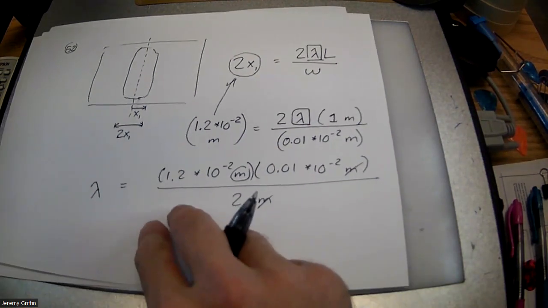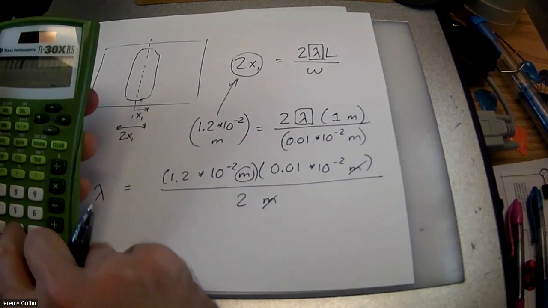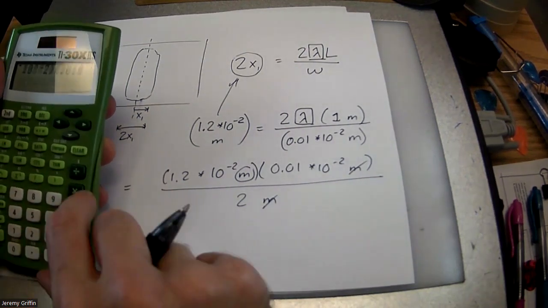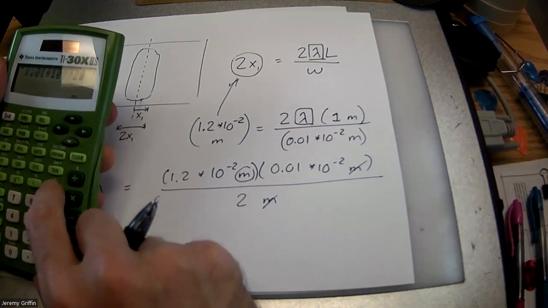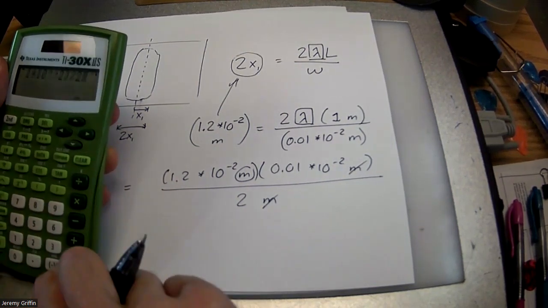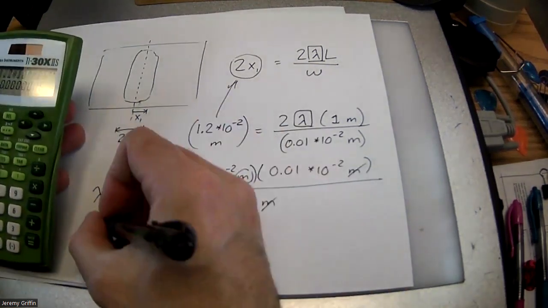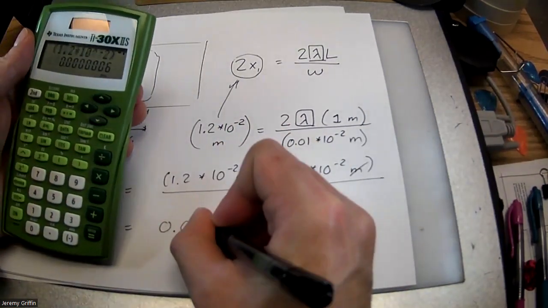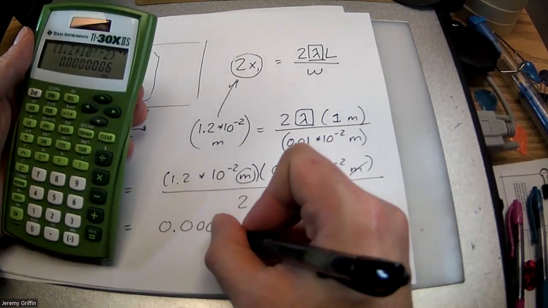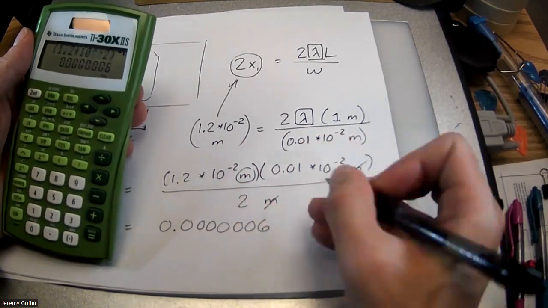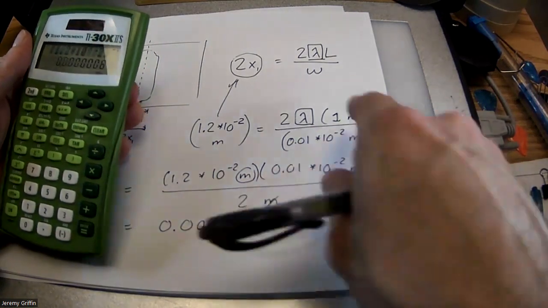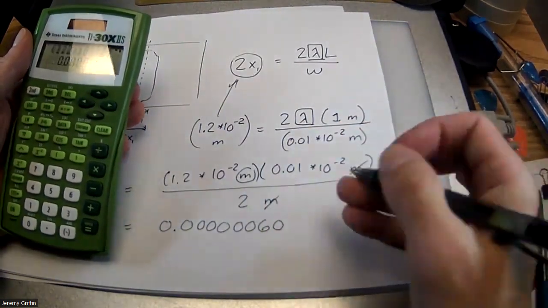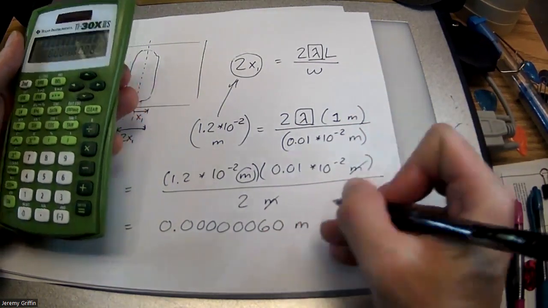All right, let's plug and chug. 1.2 times 10 to the negative 2, 0.01 times 10 to the negative 2 also, all divided by 2. Yeah, that looks right. Wavelength is 0.00000006. If we're allowed sig figs, I'll throw on another 0 here because we can know that level of precision, and this would be meters.